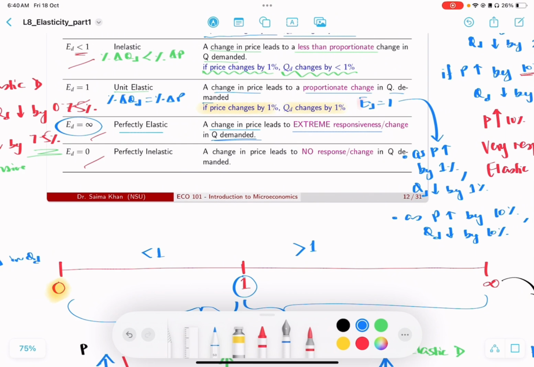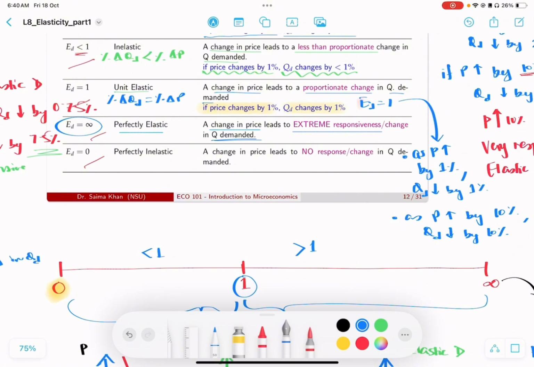So when a bunch of customers go to one seller and he's charging more than the market price, people's reaction would be, I'm not going to buy from you. I've got like 1,000 other sellers I can go to, and they're going to give it to me at a lower price. So in that case, if any one seller tries to increase the price, he is met with extreme responsiveness because consumers are fully informed about the prices that are being charged by other sellers.